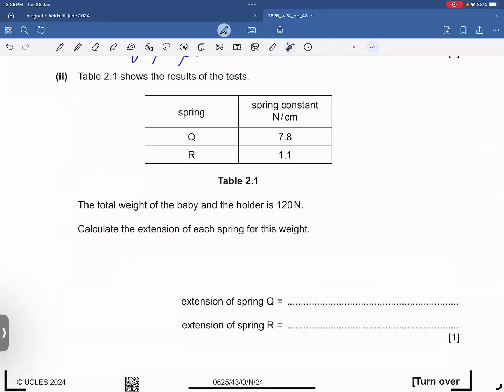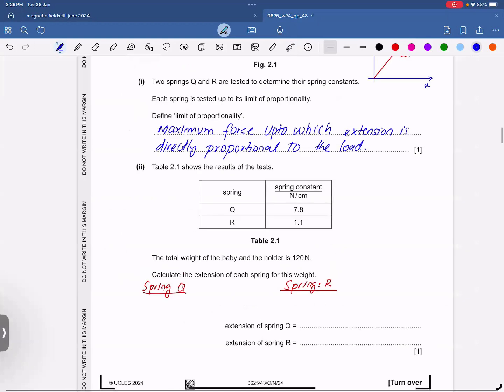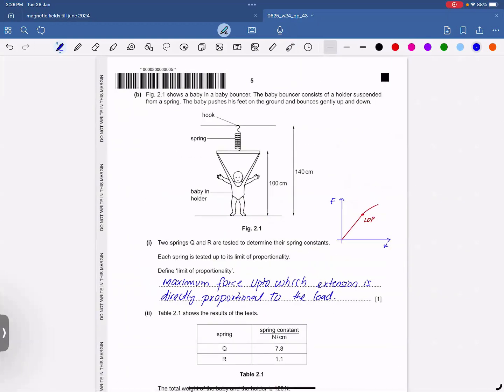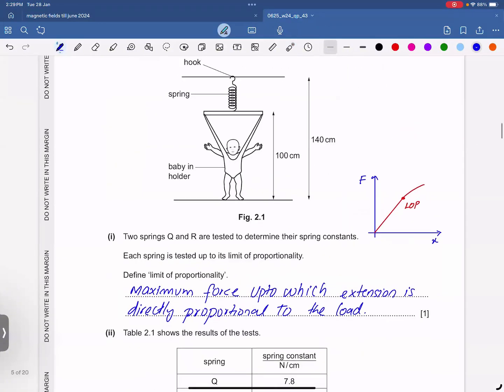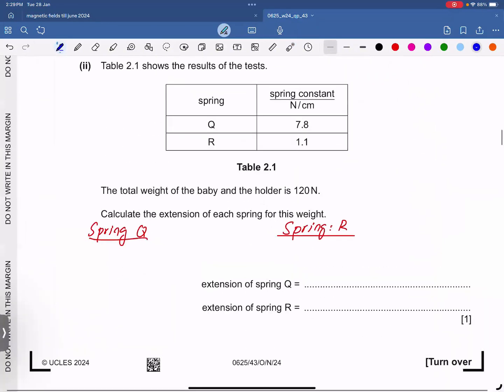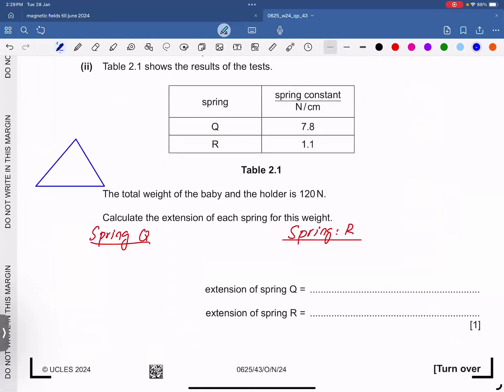No problem. We will go to the question and calculate the extension. Let's go for spring Q here and spring R over here. So spring Q, the spring constant they gave you initially and the load is also given. You know this triangle, my dear students, it says F equals Kx.